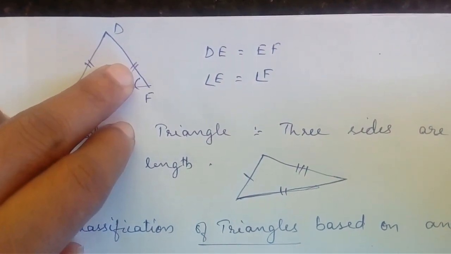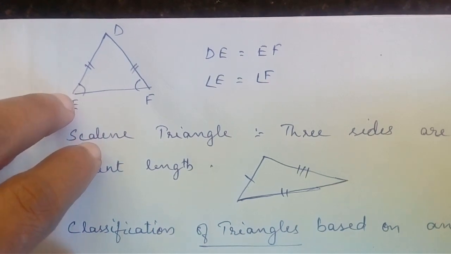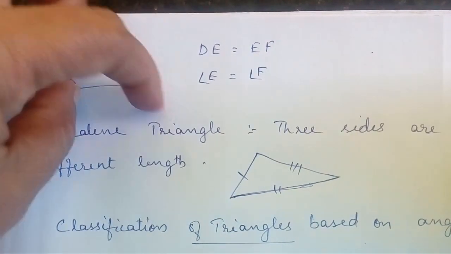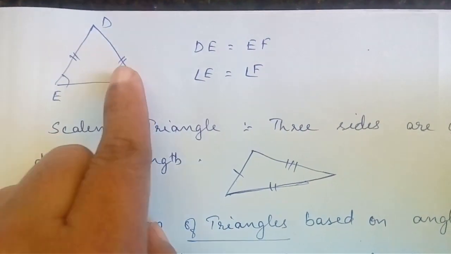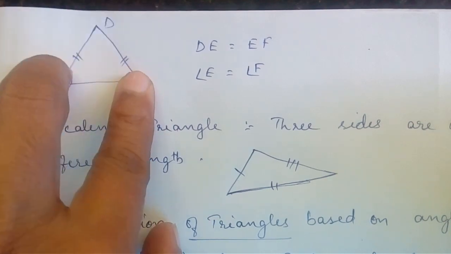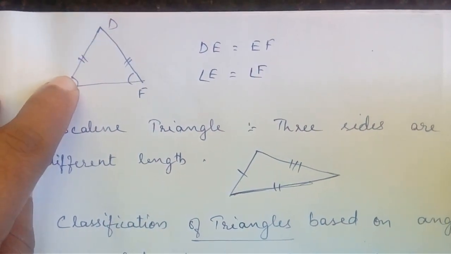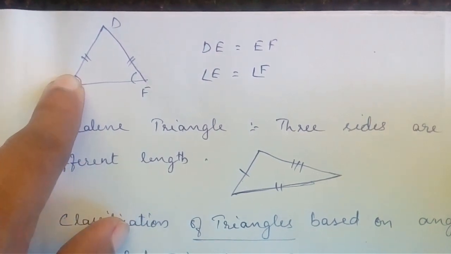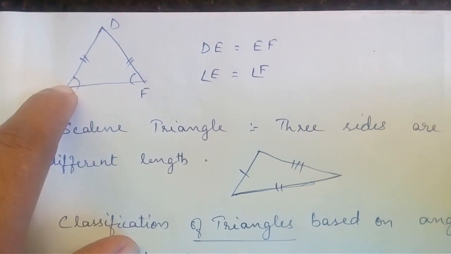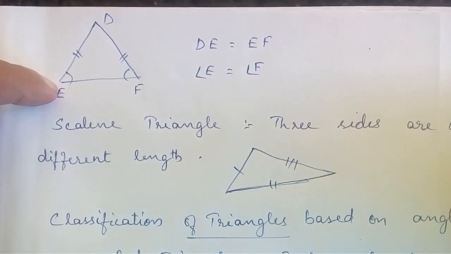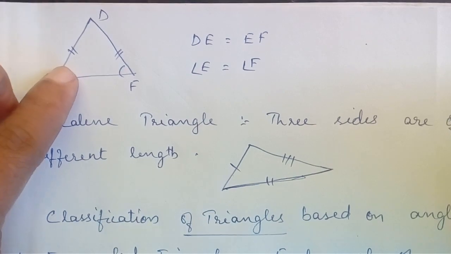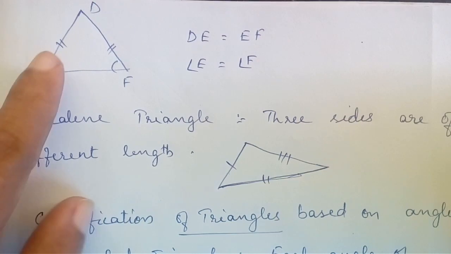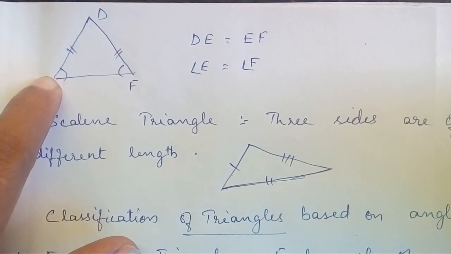Then the angle opposite to DE and DF, which means E is the angle opposite to the side DF and F is the angle opposite to side DE. When we are considering the angle, the adjacent sides will not come as the opposite side. Here E is the angle made up of two line segments DE and EF. So which is the side not included in this angle? That is DF. So this DF is the opposite side of angle E.